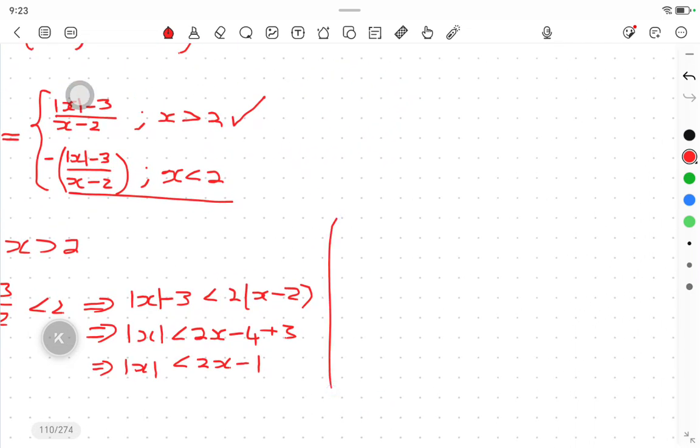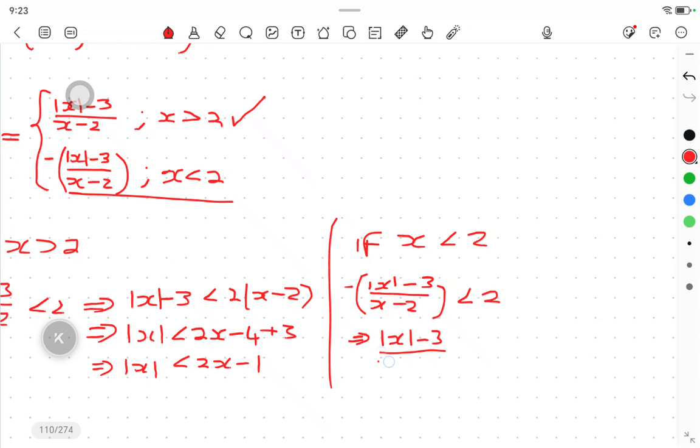And now for the one where x should be less than 2, we're going to multiply this by negative. You see, right? And this will still be less than 2. That's why they decided to say that if I divide both sides by negative, I'm going to get this, which will be greater than.